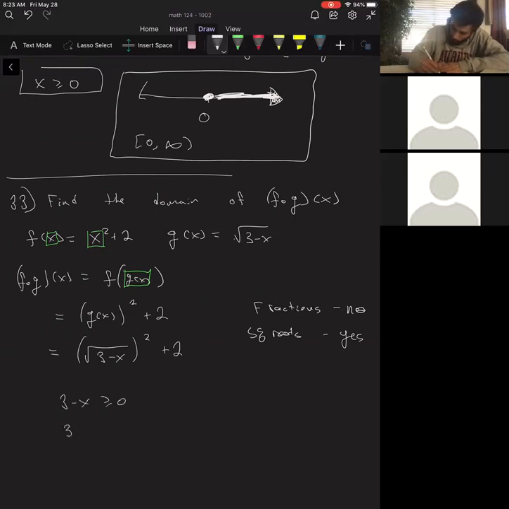If we add the x over, this tells us we need x to be less than or equal to 3. So we go to our number line. Here's 3, a closed dot because of the or equal to sign, and x has to be less than 3, so we shade over to the left. Our domain for this problem is minus infinity up to 3.